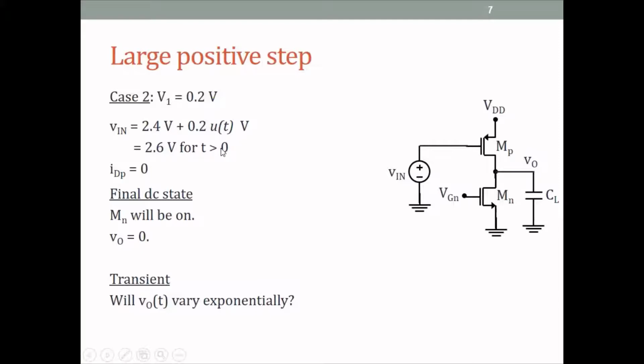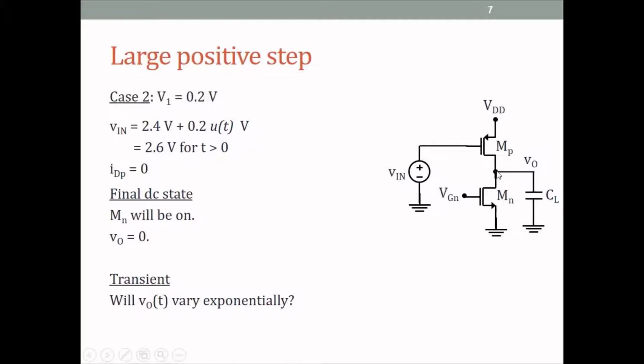All right. What will be the final DC state? Of course, what happens to VO? Let's think about the final DC state and come back to the shape of VO. Finally, because MP is off and Mn has a gate voltage, Mn is on but carries no current.